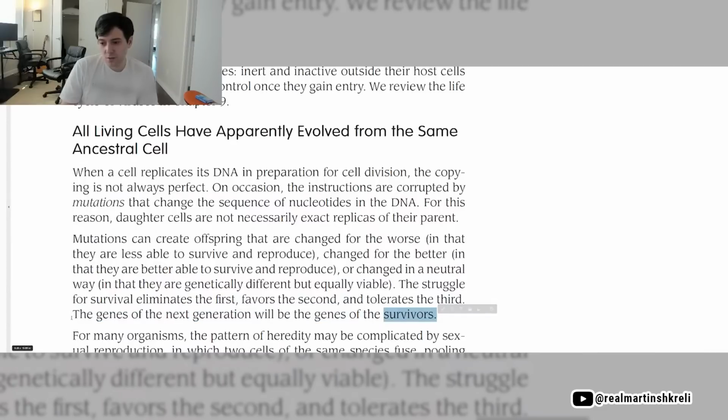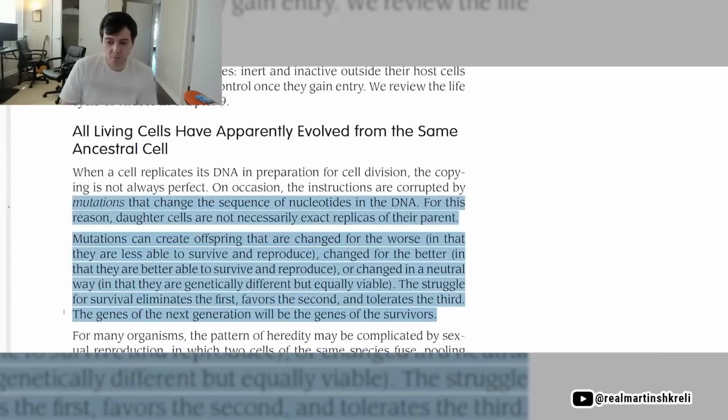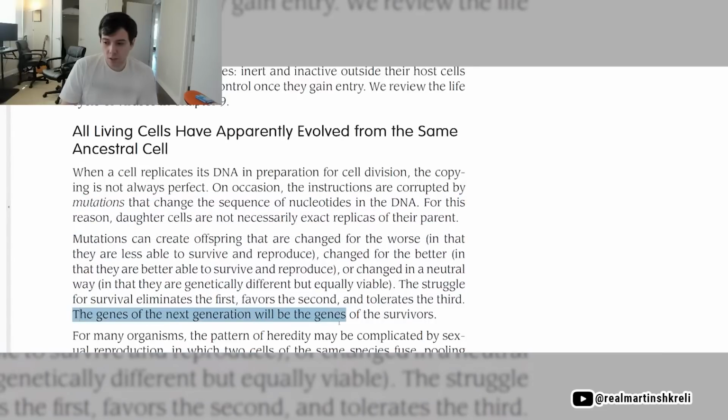Now, we notice that there are still genetic diseases despite this, right? And that's because the window for reproduction and survival are two different things. You can have Duchenne Muscular Dystrophy, which has a lifespan of around 20 years, and still reproduce. You can have a lifespan of 40 years with Huntington's disease and still reproduce.